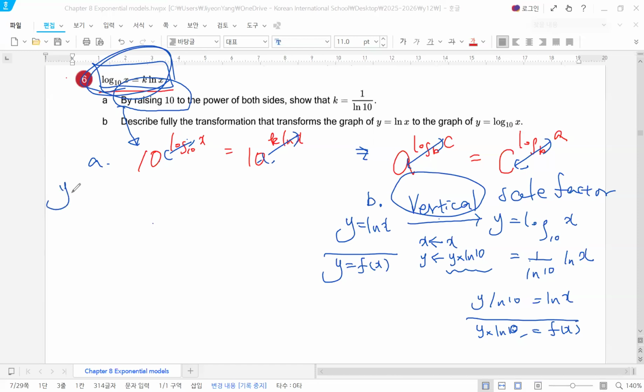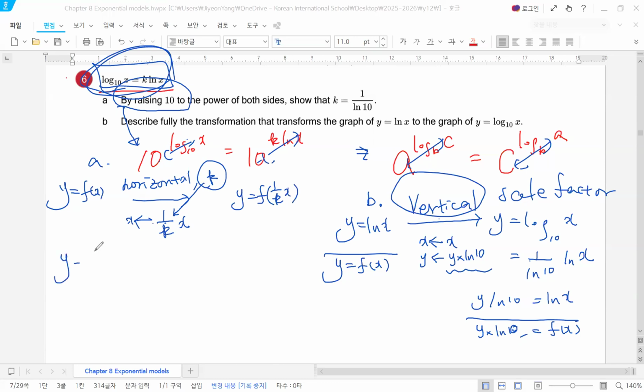So for example, y equals f(x), horizontal stretch, scale factor k, it means that you need to write down 1 over k, so x becomes 1 over k times x. If the scale factor is k, you need to write down 1 over kx. So y equals f of 1 over kx in this case.